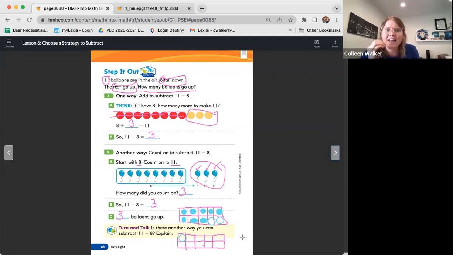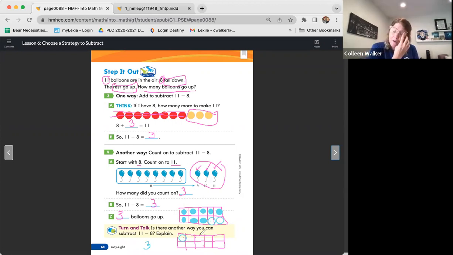So 11 minus 8. How many circles did we have to draw after the first 8 that we did? 1, 2, 3. So we know that 11 minus 8 is 3.